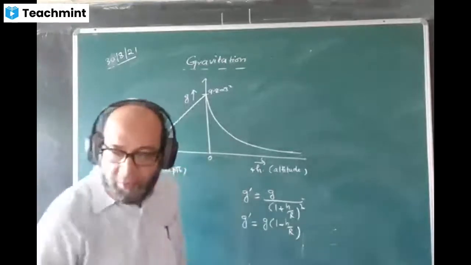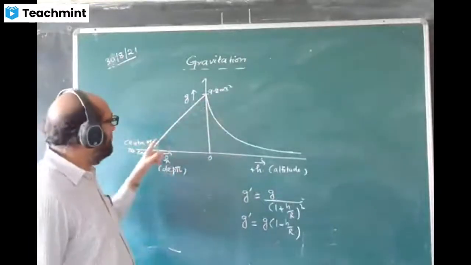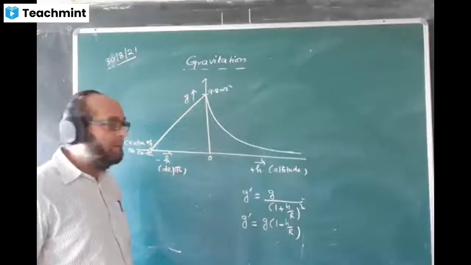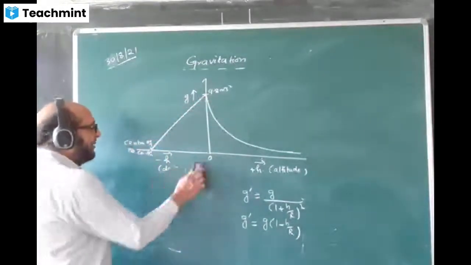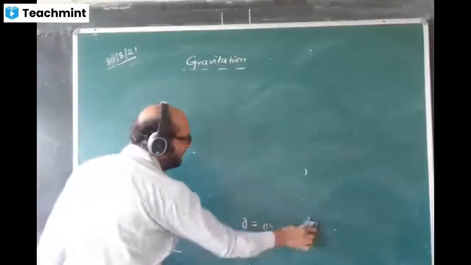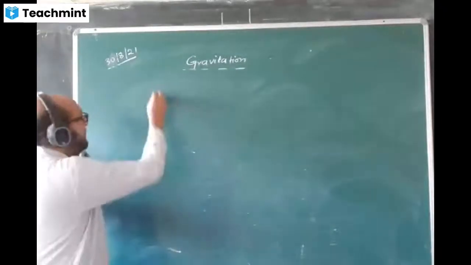Okay? Give next heading now. This graph, this is a straight line. If it doesn't look like a straight line, you must draw a straight line using a ruler. Next heading we give now: variation of g. Next one, third one.